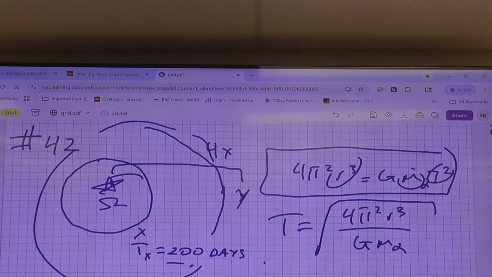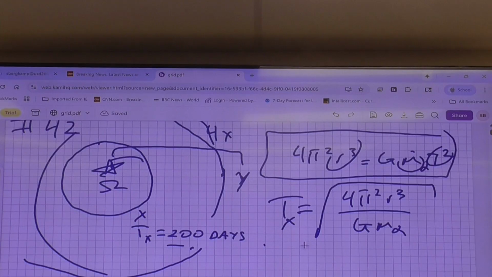Okay, cool. So now, this would be the period for X. If I knew the actual radius and the actual mass of Alpha, I could determine the orbital period. It's not what we're after, but I want you to see that this is one way we can express this period.